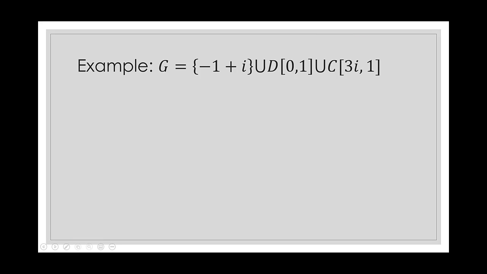So let's consider another subset of C. Let G be the point negative i, union, so this means and, the open disk centered at 0 with radius 1, and then the circle centered at 3i with radius 1. Okay, so let's draw this.